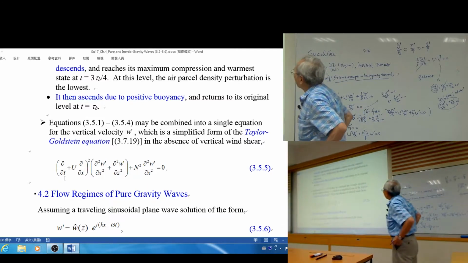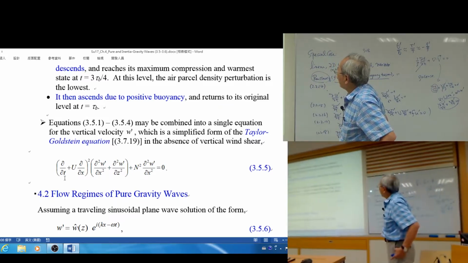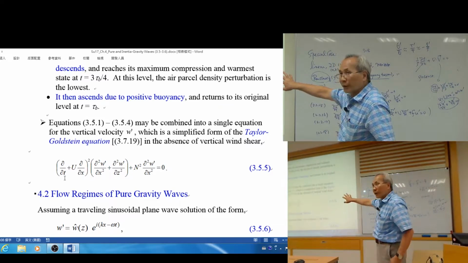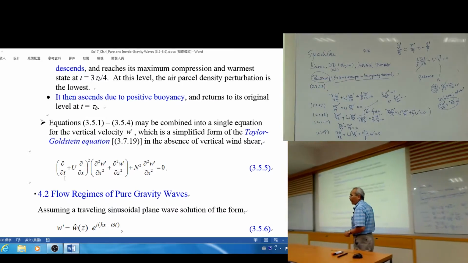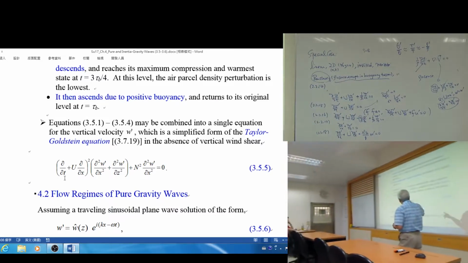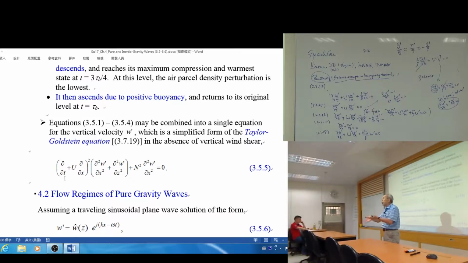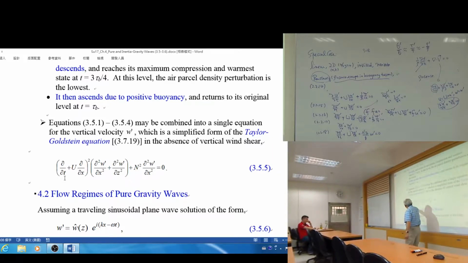This is actually a simplified Taylor-Goldstein equation because, as you know, the Taylor-Goldstein equation includes the vertical wind shear. But here we have no vertical wind shear, so it becomes very simple like this.